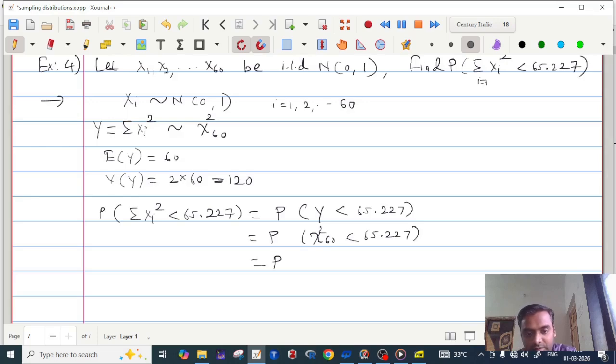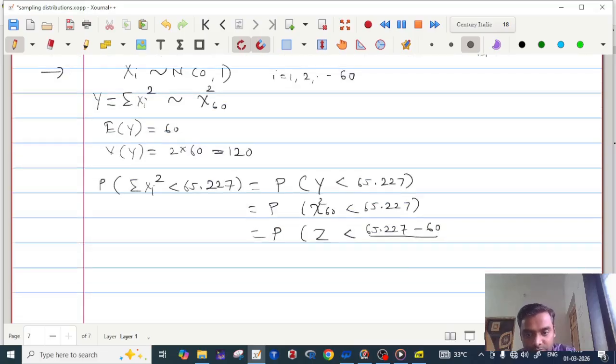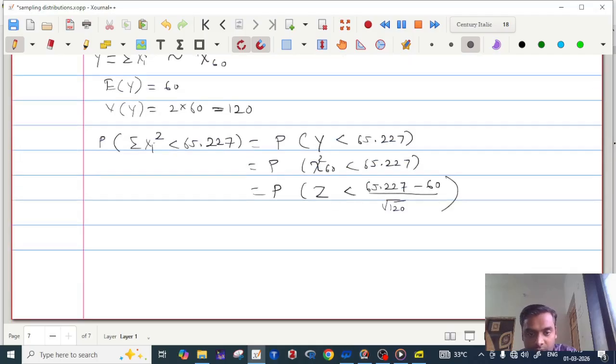After standardizing this, it will be Z less than (65.227 minus 60) divided by the square root of 120. This is the probability of Z less than 5.227 divided by square root of 120.